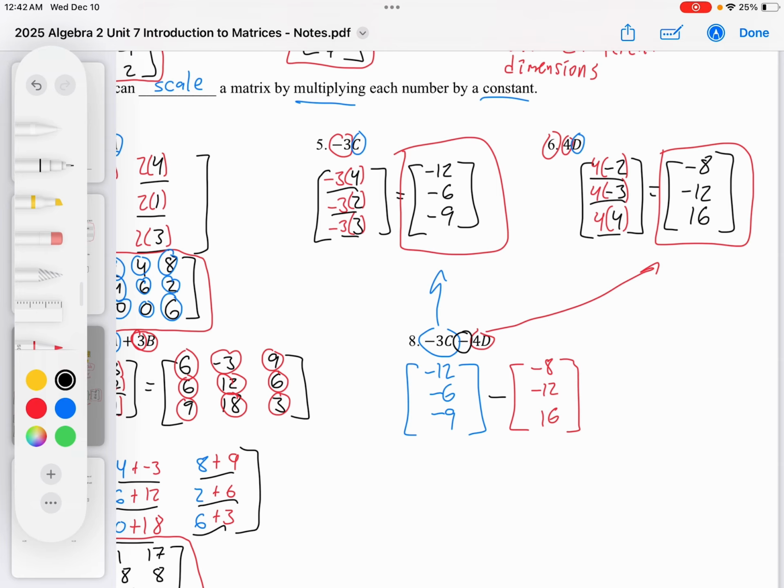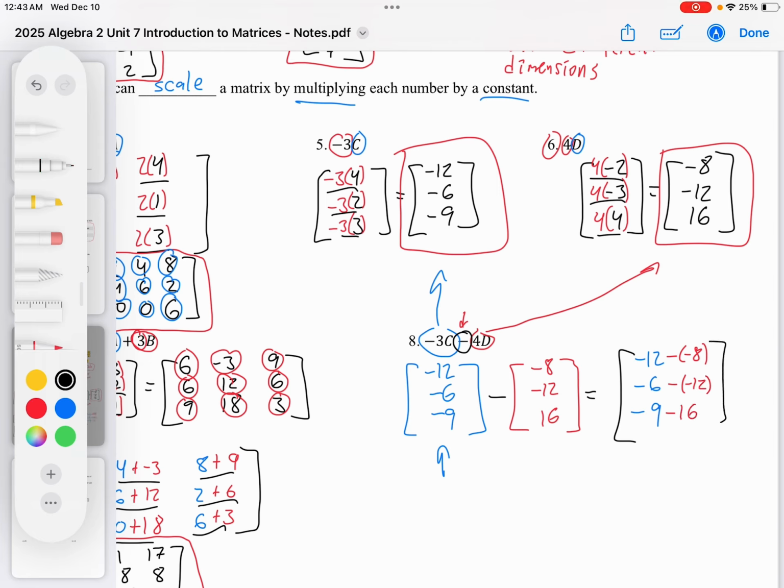So we're going to be taking all of our numbers from the matrix from -3c and then subtracting the numbers from 4d. So this will look like we have -12, -6, and -9 from our -3c. And then we're going to subtract -8, -12, and 16.